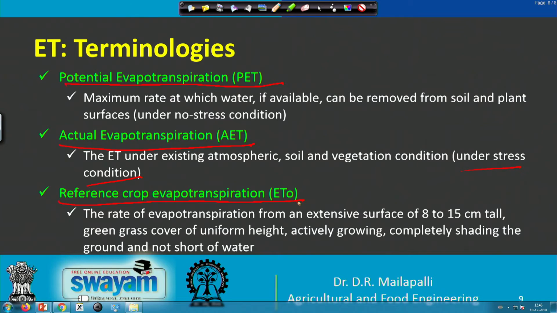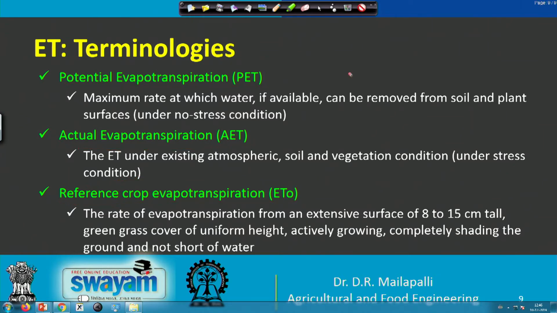These are the main conditions for reference crop evapotranspiration, and it is denoted with ET0. This is very important because in order to estimate evapotranspiration, ET0 needs to be estimated.